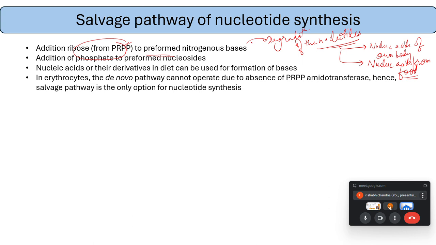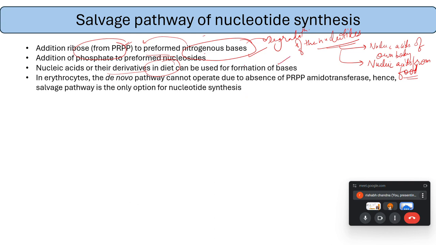This is the source for the nitrogenous bases. When the bases are attached to the ribose, the phosphate is attached to them, forming the nucleotide, the final molecule. Like I said, the nucleic acids or their derivatives in the diet can be used in the formation of the bases.